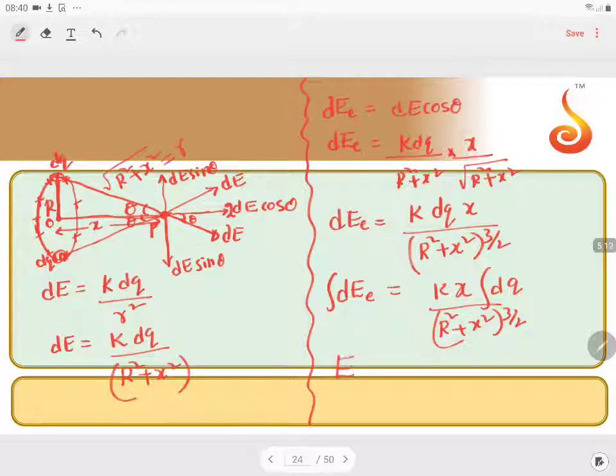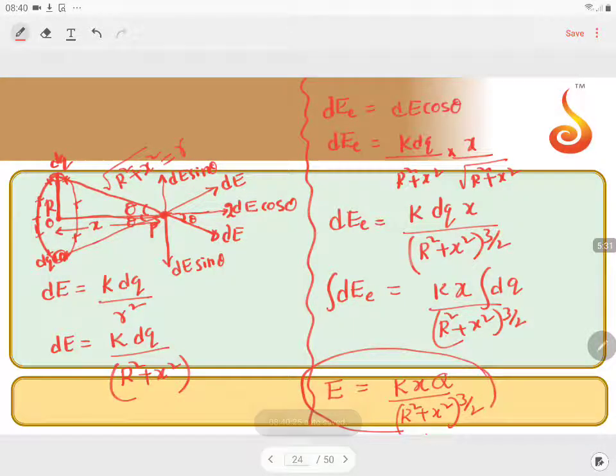What is integral dq? Integral dq is nothing but the total charge on the ring. What is the total charge on the ring? Q. So E equals kxQ divided by r square plus x square whole power 3 by 2. This is the electric field at a point on the axis of the ring.